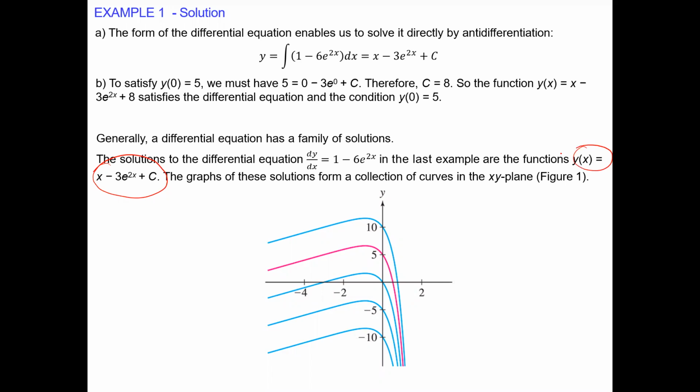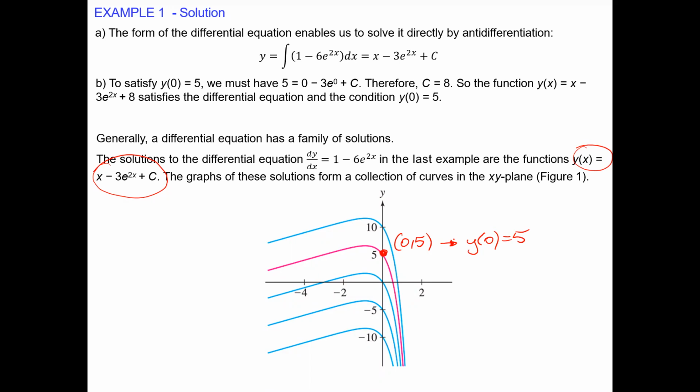We shift up and down, but we wanted this one particular one. This point is (0, 5), which was the condition: at x equals 0, the value is 5. We substituted, we computed constant c, we got 8. And yes, the pink one is our function.